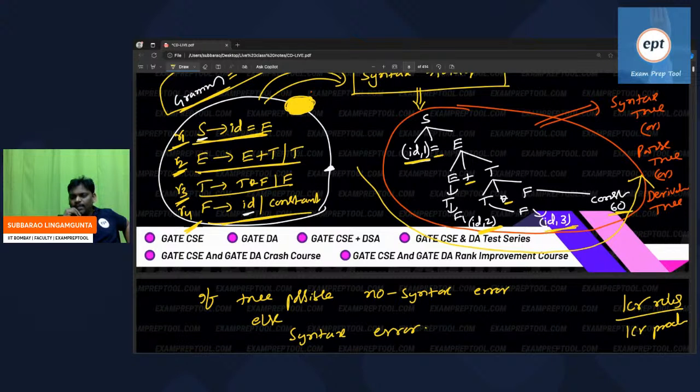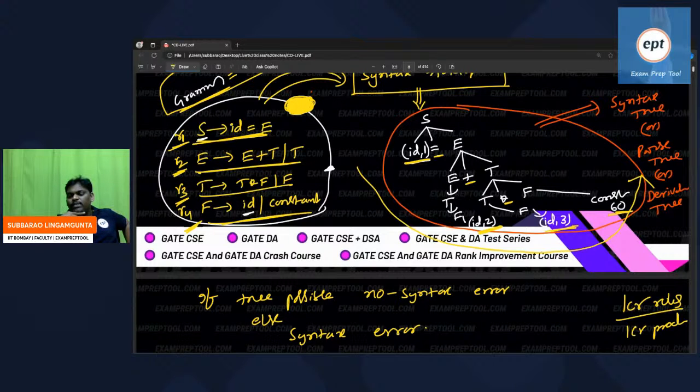From today onwards, compilation successful means a tree was created.